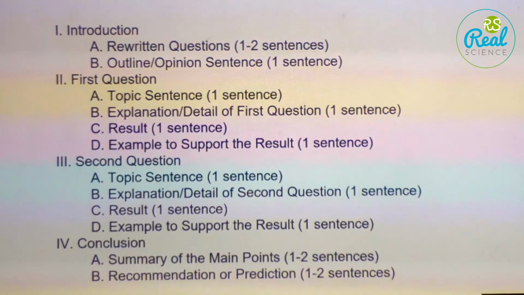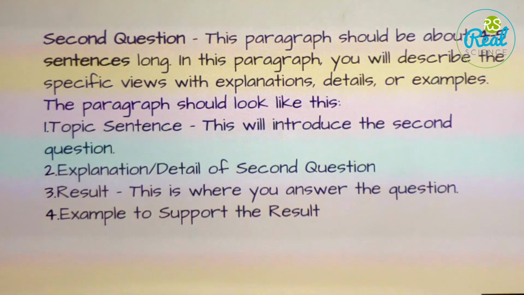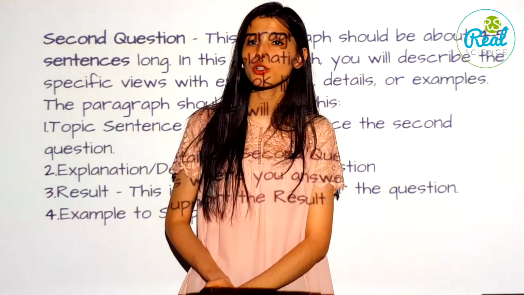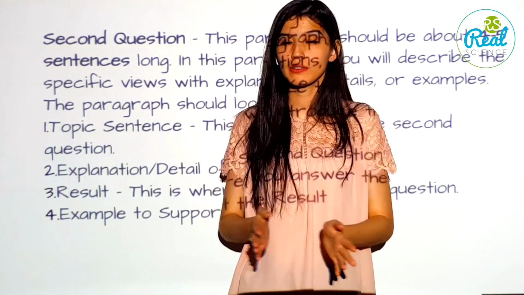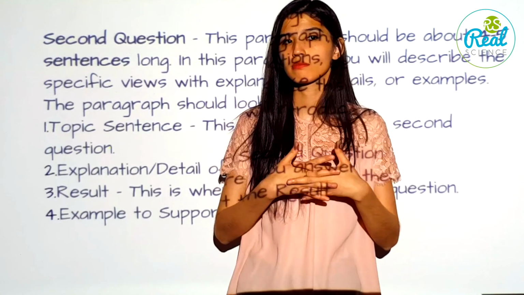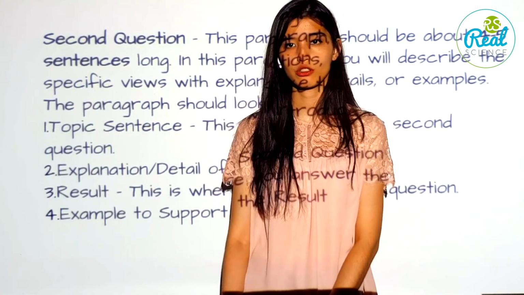Why from the second paragraph? This is the second one. I know you said that we have to pick the explanation. Arguments. Yes, because the first question will be, for example, how important are computers in education?